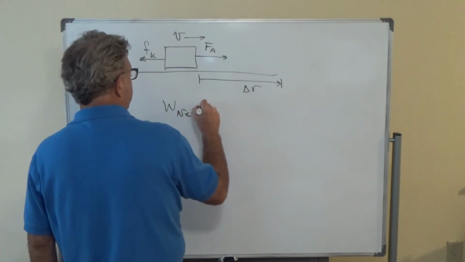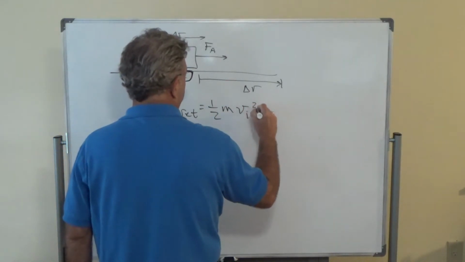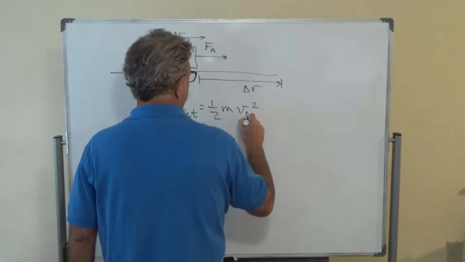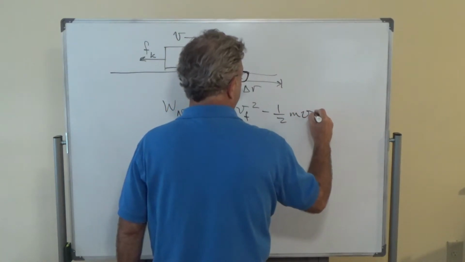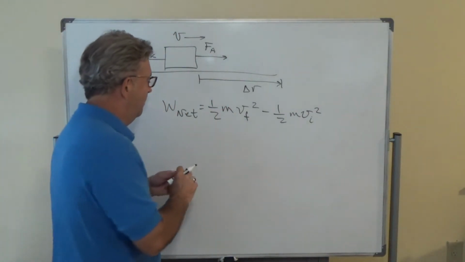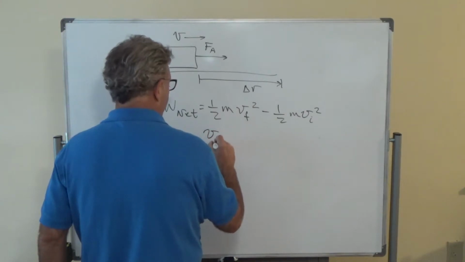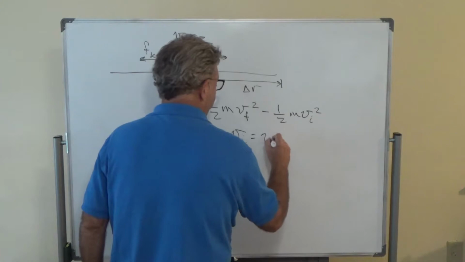W net is equal to 1/2 m v final squared minus 1/2 m v initial squared. But v final is equal to v initial, and that's equal to v.